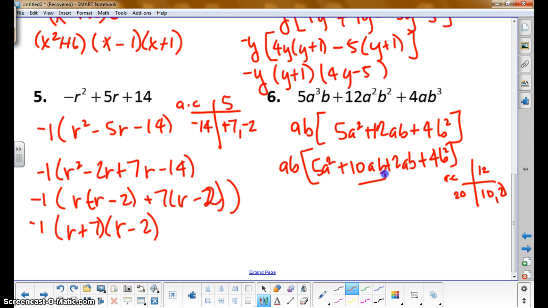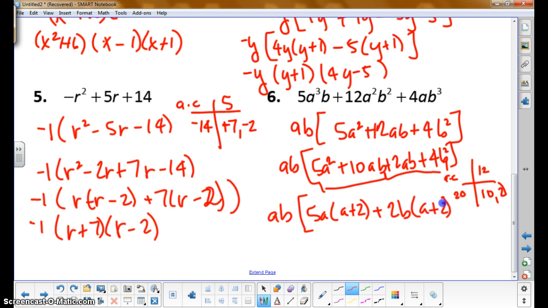And we can group. We have 4 terms, so we can factor by grouping. And I have a 5a, a plus 2, and a 2b, and an a plus 2. AB, 5a plus 2b, and an a plus 2.